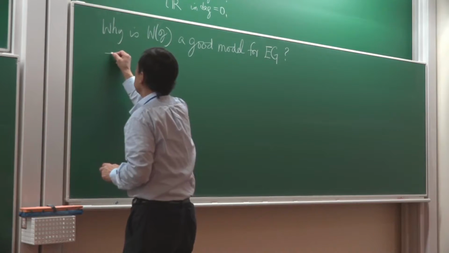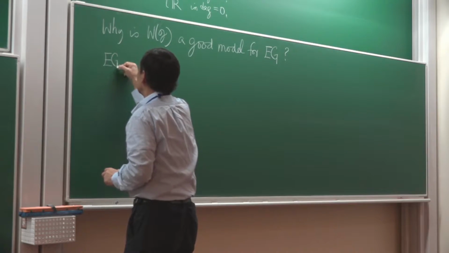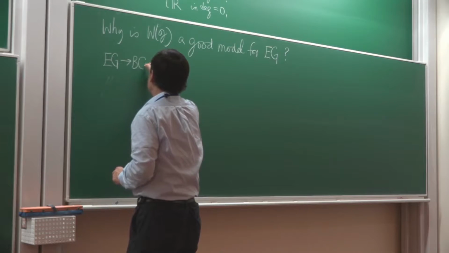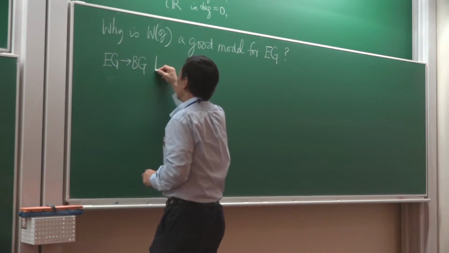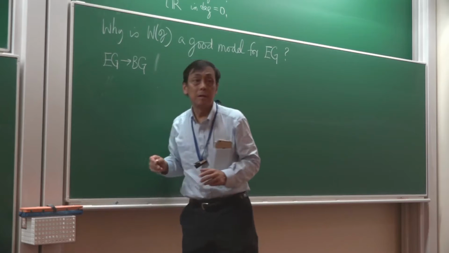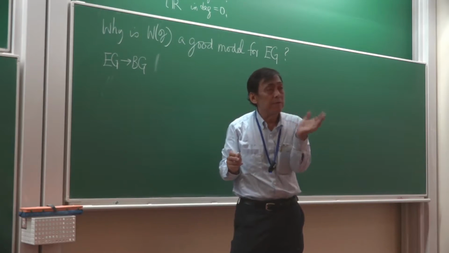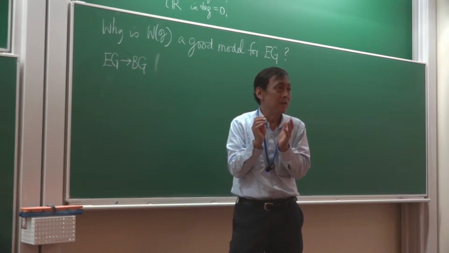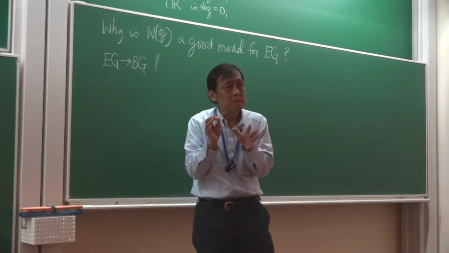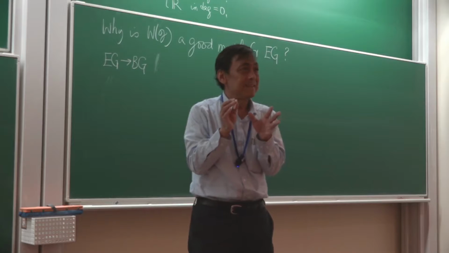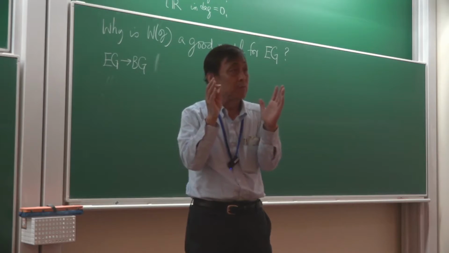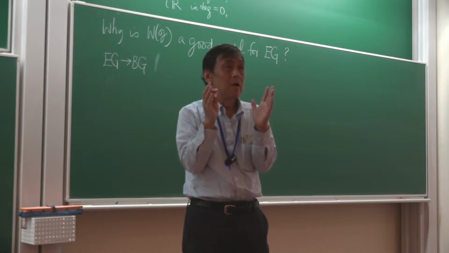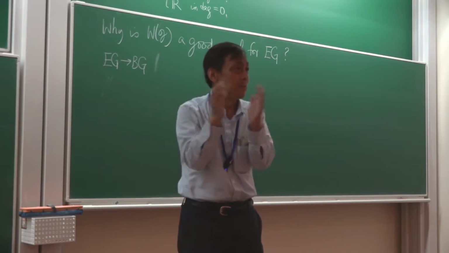Well, the universal bundle has the property that every principal G bundle can be pulled back from it. And it's more or less unique in the sense that any two universal bundles are G homotopic.